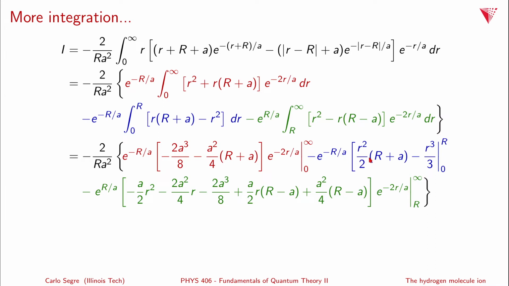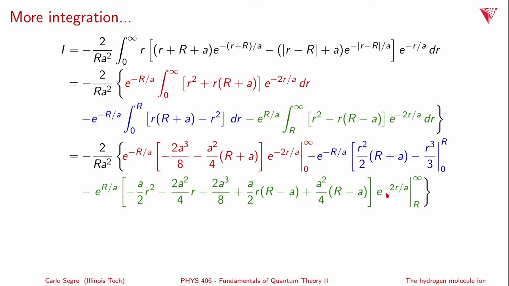In this case here, when lowercase r is equal to capital R, you get a value, which is capital R squared over 2 times capital R plus a minus capital R cubed over 3. And when it's 0, all these terms cancel. So you only get one of the two limits.